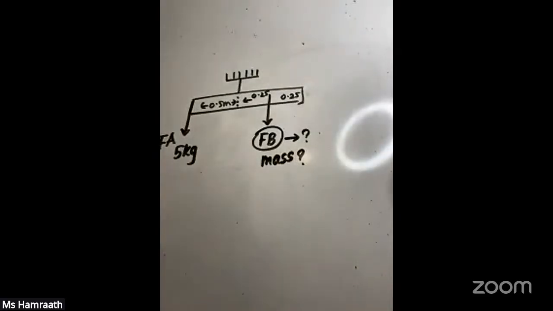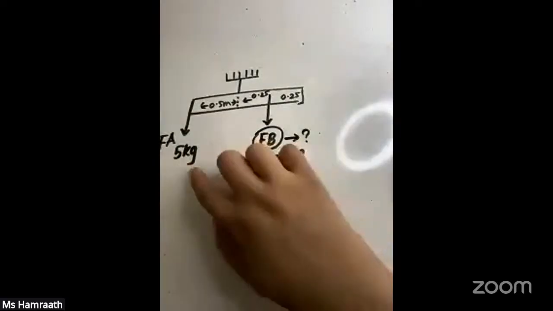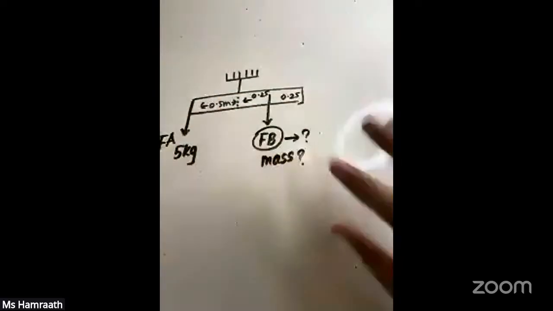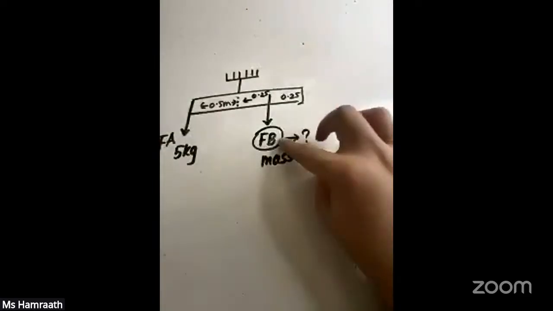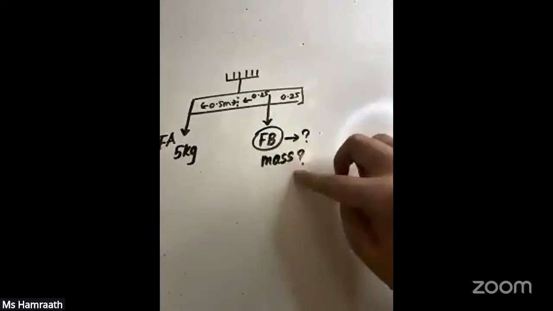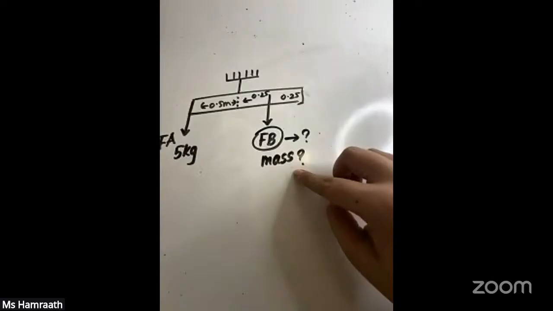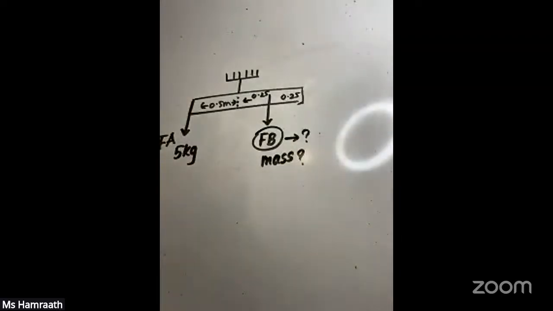You have to find the force of B as well as the mass of B. So by how I did earlier, try to do the question. Once you find the force of B, automatically you can find the mass of B using the same equation. So try this out, I'll help you.